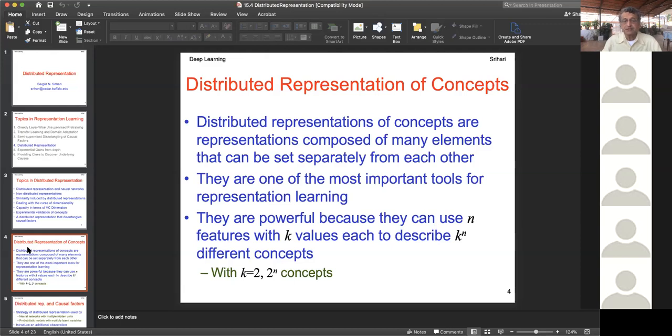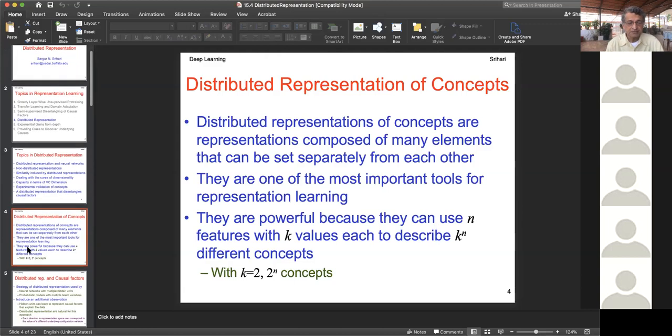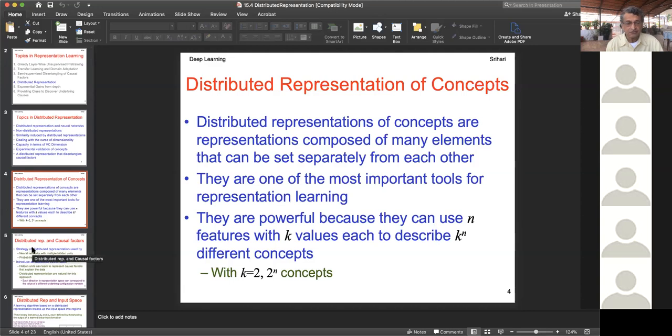They're powerful because we can use n features, think of it as hidden values, with k values each to describe k to the n different concepts. So we have some linear number n of features and k values each. From that we get exponentiality, k to the power of n different concepts. So we get a dramatic increase in the number of concepts with a small number of features or neurons or latent variables.